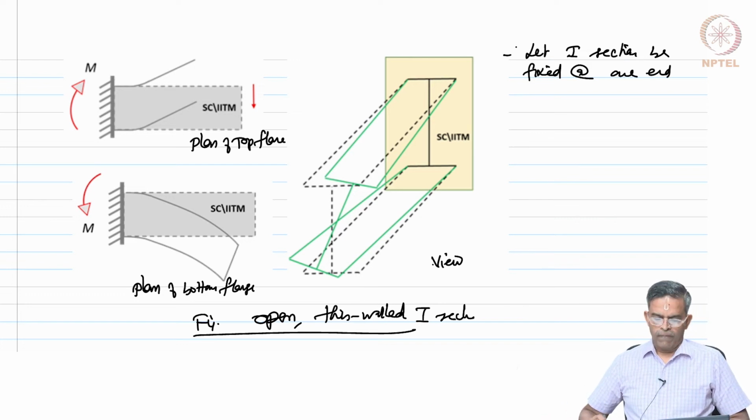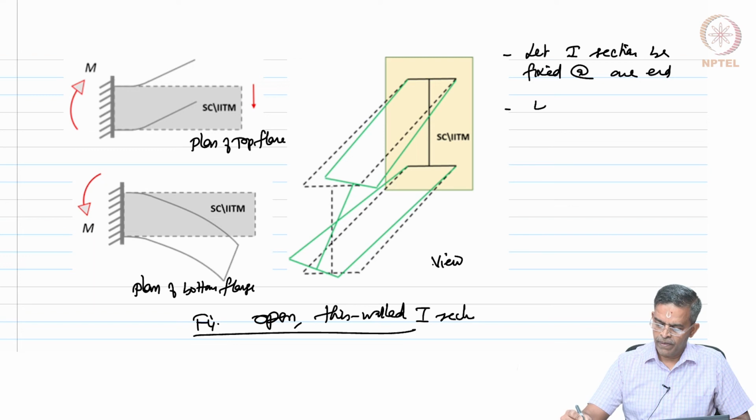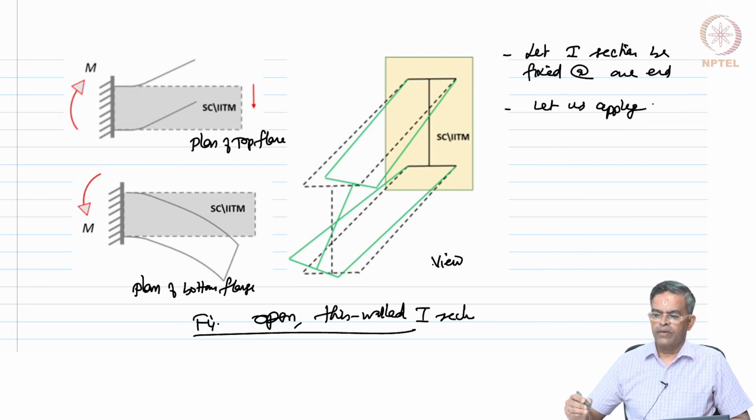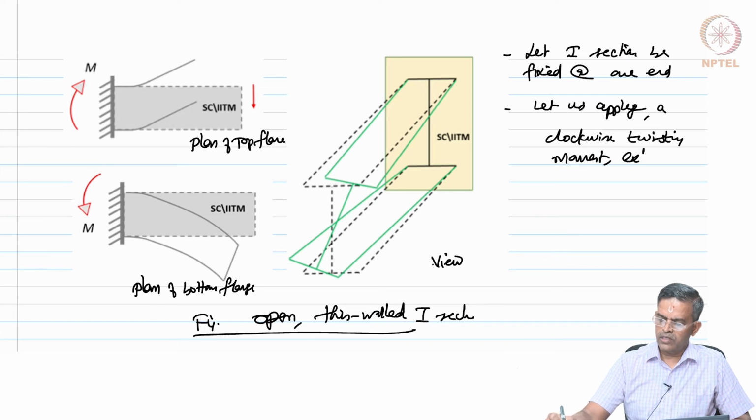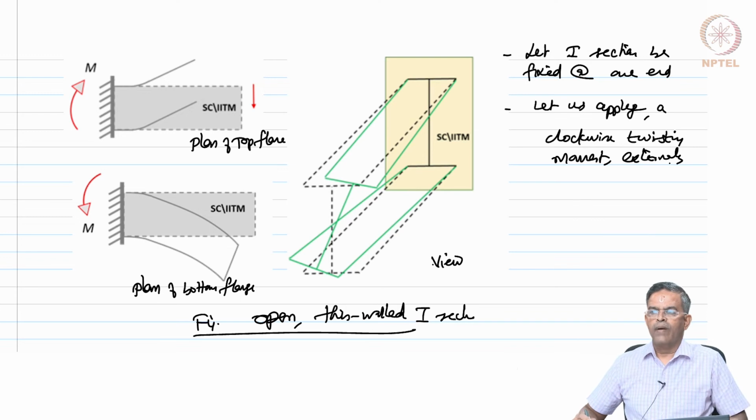A clockwise torsion is applied externally. Let us apply a clockwise twisting moment externally at one end.